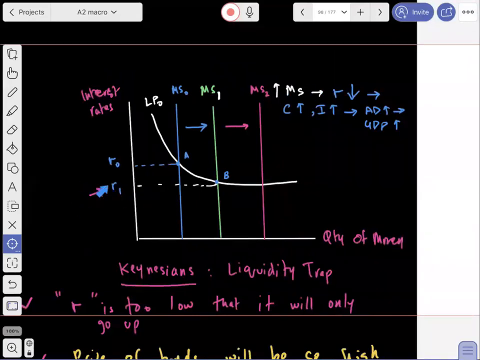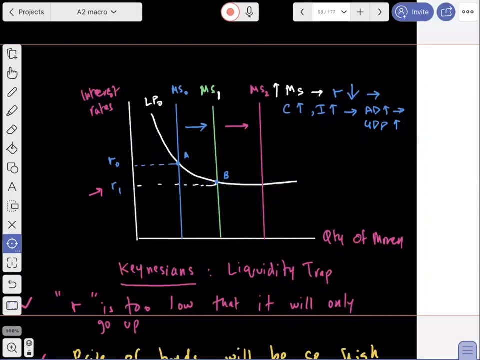Interest rates are not falling any further below, because in this zone people are failing to respond to changes in money supply. Normally a rise in money supply will make people buy more because interest rates are going down, but then comes a point after B where a rise in money supply is not making people buy any further because they're holding money balances, and your demand for money becomes perfectly elastic.